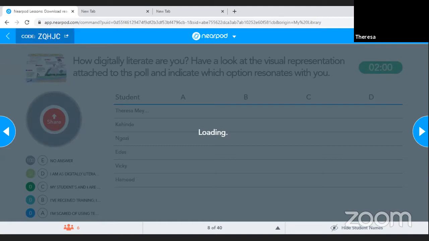Moving on, I'd like you to think about your digital literacy at this stage. If you've been part of these sessions, part of what we have been doing is addressing your digital literacy. I have a poll set up for us this morning, and in the poll, I'm going to ask you to think about where exactly you think you are right now.